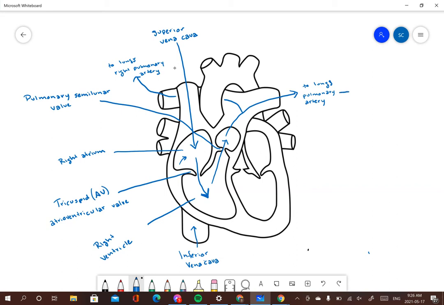From there, if we continue to follow the blood on the track through the body, it's going to move from the pulmonary artery of the heart into your arterioles. Technically, it's a pulmonary arteriole because it's going to the lungs, but you can just call it the arteriole. So it's going to branch from those arteries into slightly smaller tubes that hold the blood, called the arterioles.